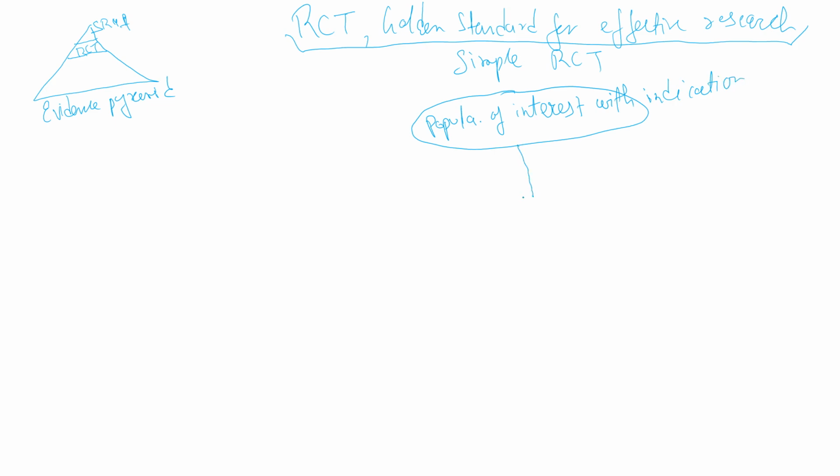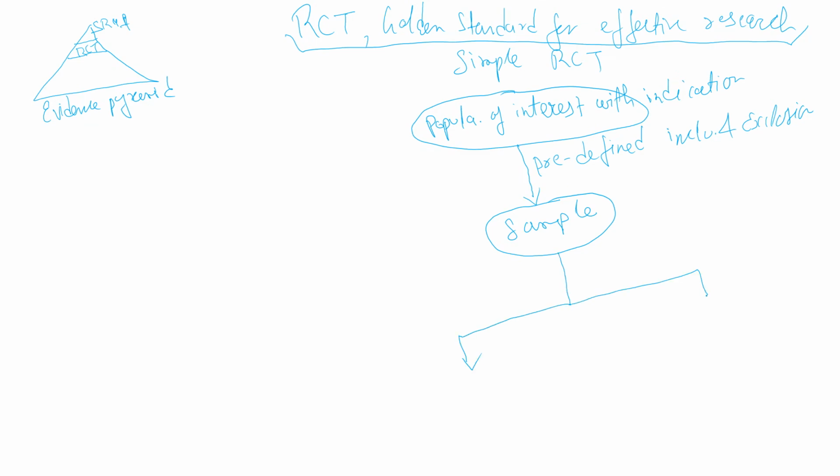Now, based on certain predefined inclusion and exclusion criteria, out of this population, certain individuals who fulfill these criteria are considered as a sample, and then randomization takes place. Usually, two arms are created: one is the intervention arm, the other is known as the control arm. Outcome is determined, and then it is compared which of the intervention or control arm has the better outcome.